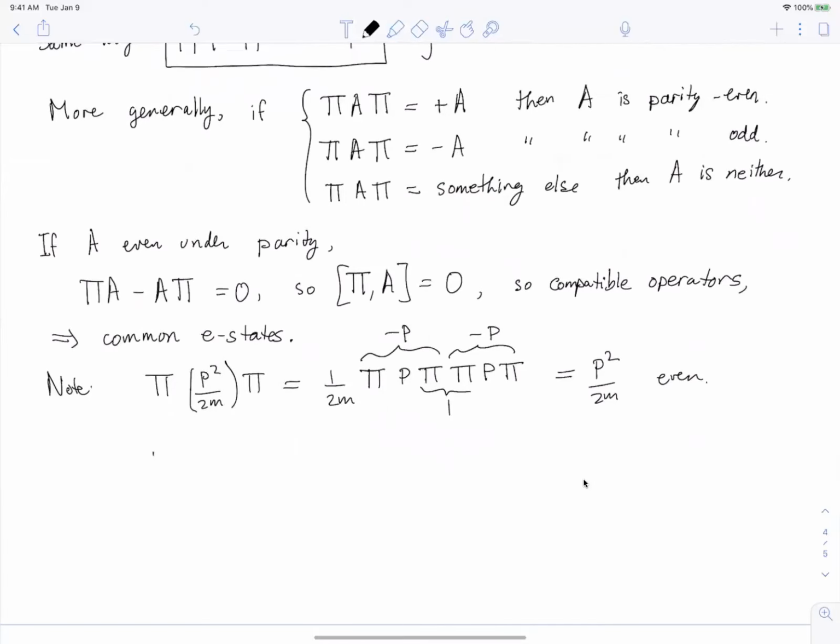Whereas if I have, let's say, something in the potential that's like x to the nth power, that will be minus 1 to the n times x. So if I only have terms in my Hamiltonian that have n equals even powers of x, then it will be parity even.